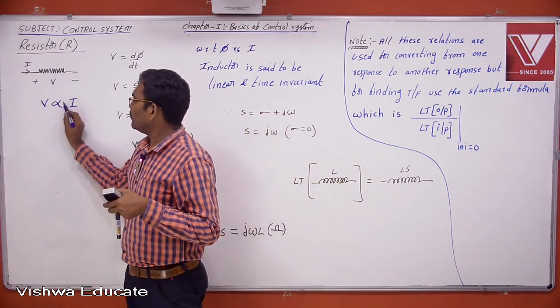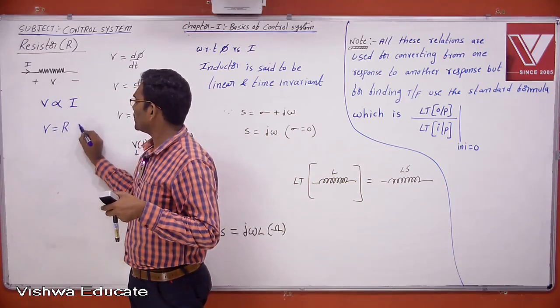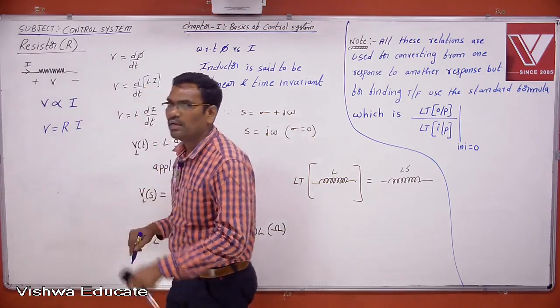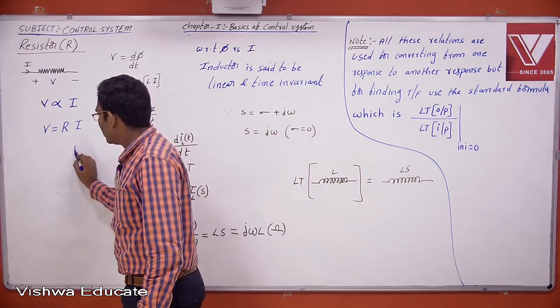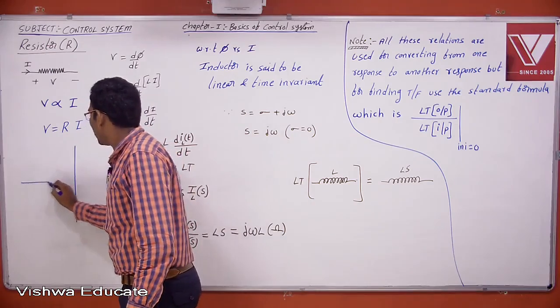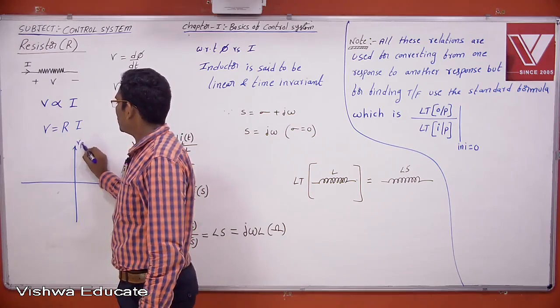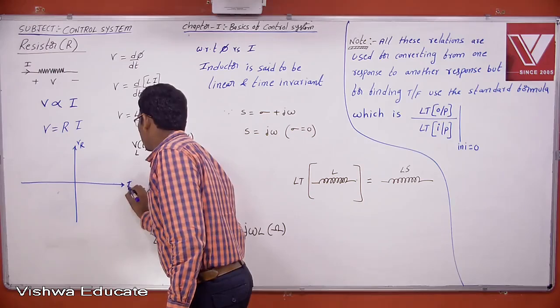Therefore, if I remove this proportionality constant, that proportionality constant or slope is nothing but R. If I draw the characteristics of voltage drop across this element versus current passing through it, this is the voltage drop and this is the current.